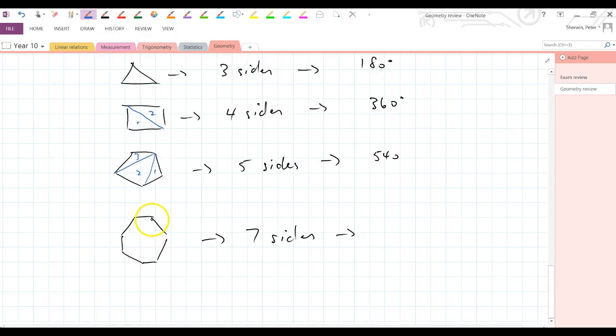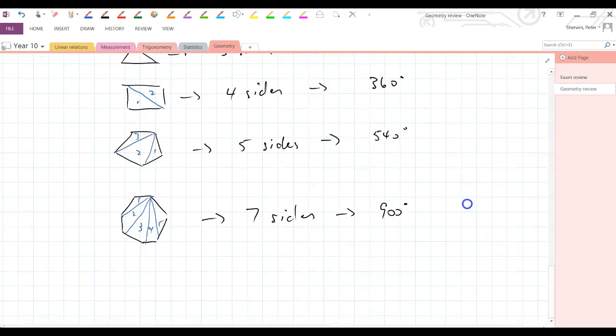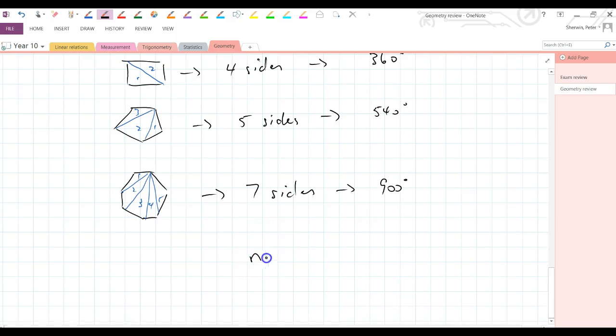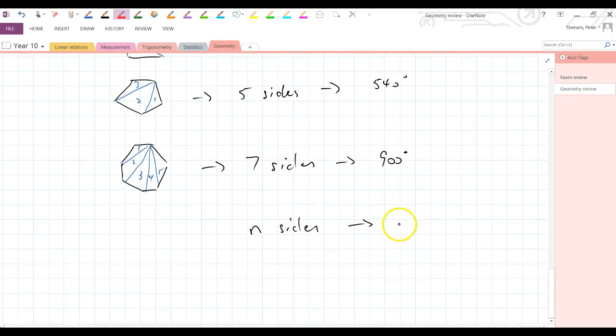How many triangles have I made? 1, 2, 3, 4, 5. 5 times 180 is 900 degrees. Okay, so how do we work this out? What's the angle sum of a polygon? Well, if it's n sides, then if we subtract 2 and multiply by 180, does that work?